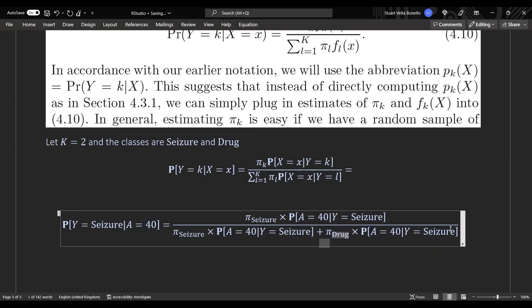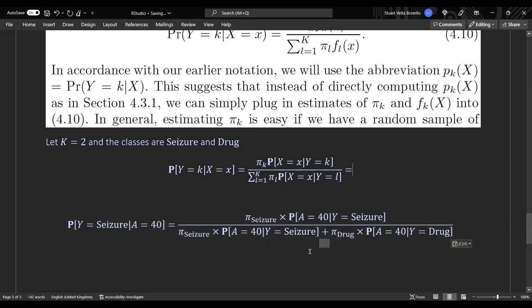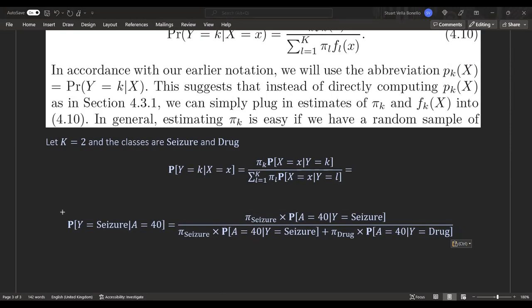So this is Bayes' theorem. If you want to know the probability that a patient is admitted with seizure given an age of 40, then you flip the conditionals around and you get this over here.